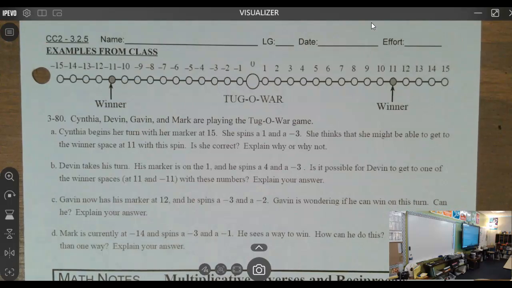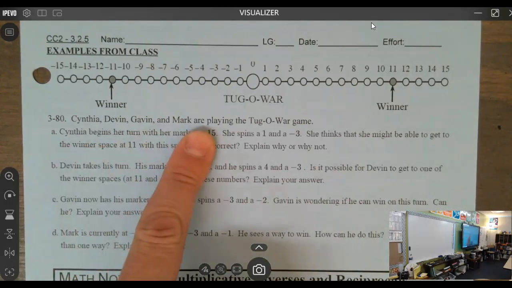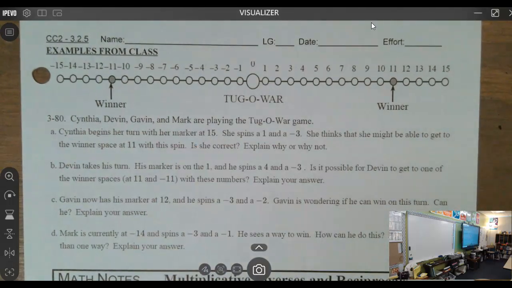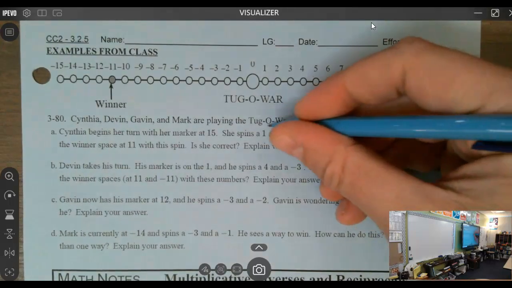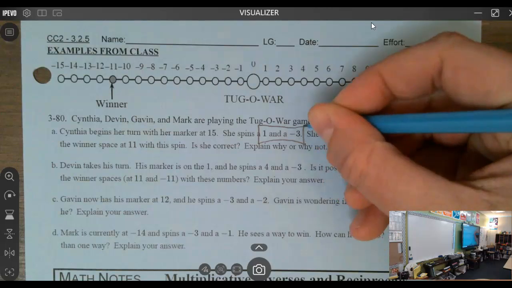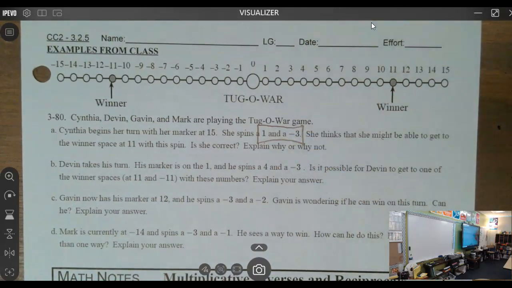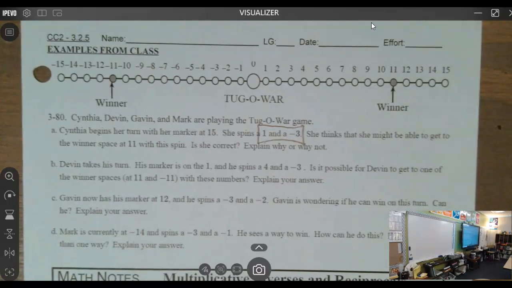Love it. So Cynthia and a bunch of other people are playing. Cynthia begins at 15. We're all looking at the blue paper now. She gets a 1 and a -3. Can she win? Like with these numbers, can she win this turn? Talk with your partner.